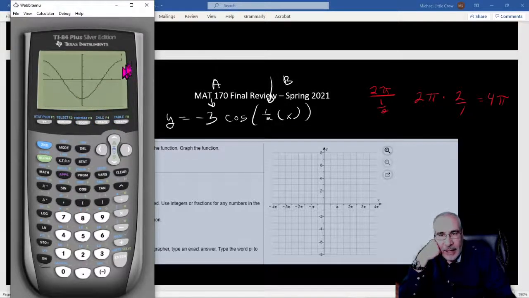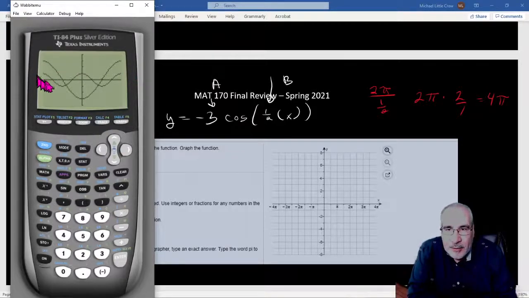Wow, it's just really like half a period there. This is a regular cosine without any adjustments to it, so it starts up high and goes down, and it only goes up to 1. Notice this is going down to -3 up to +3. It has been reflected over the x-axis, stretched this way, and then it's also getting stretched out the long way. 0 to 2 pi is one period.